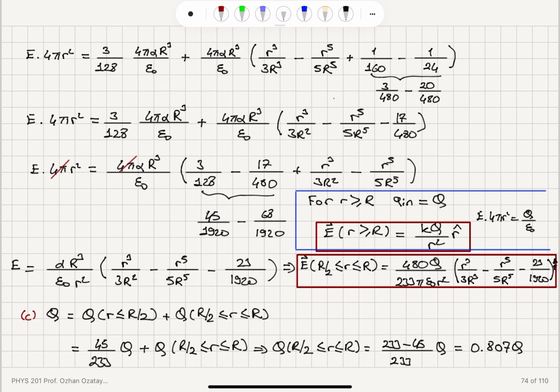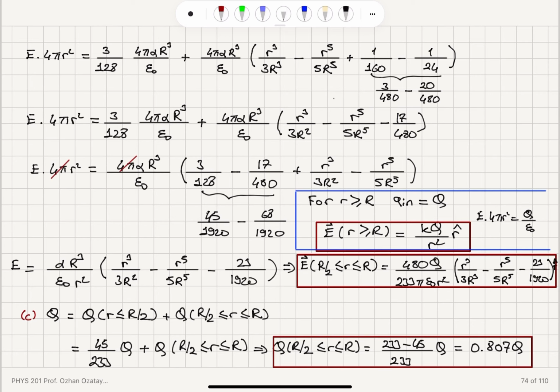Because the total charge is Q, I subtract that from the total charge and obtain the charge contained within this region. So the fraction of the charge is basically 0.807.